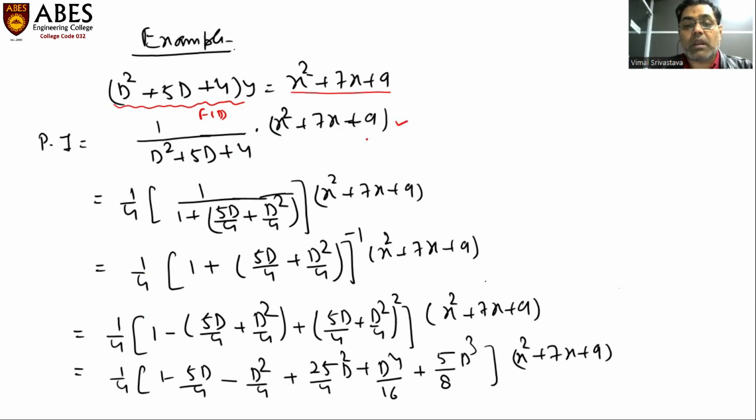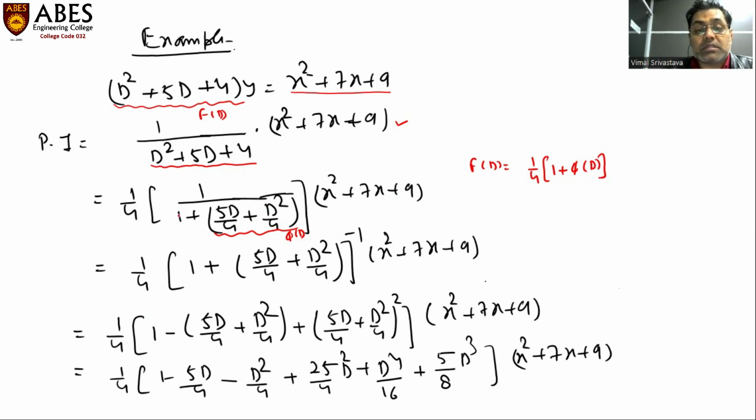As I told you earlier, we take the lowest degree term as common. So in this expression, we take 4 as common, and the remaining expression becomes 1 plus 5D by 4 plus D square by 4. This is nothing but the phi(D). So here our f(D) becomes 4 times 1 plus phi(D), where phi(D) is 5D upon 4 plus D square by 4.